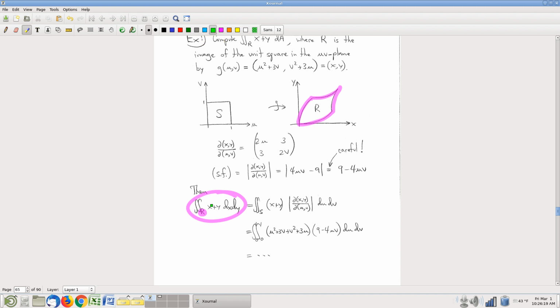What is that X? How do we write that in terms of U's and V's? Don't forget your stretching factor tells you your formula for X. X is one of the output variables. There it is on our picture. It's one of the output variables for this G function. So the G function tells you what X is in terms of U and V. And you just plug that in.